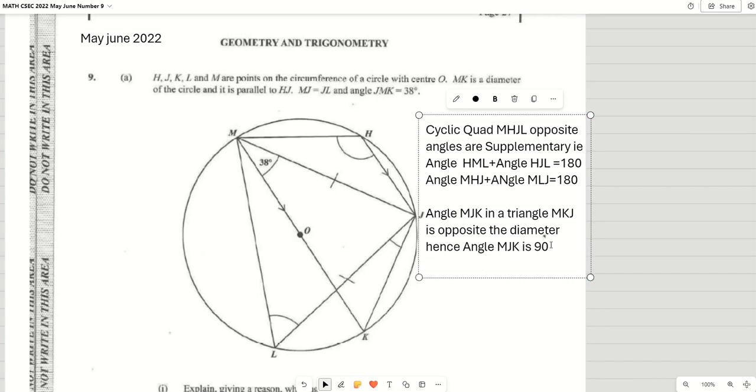Our next thing is that triangle MJL is an isosceles triangle.